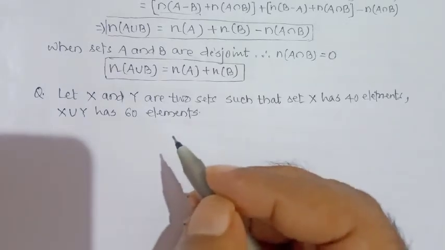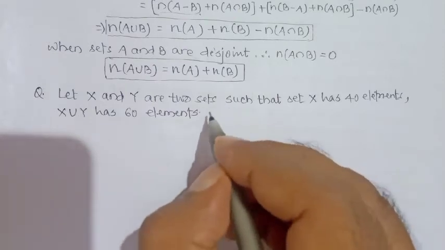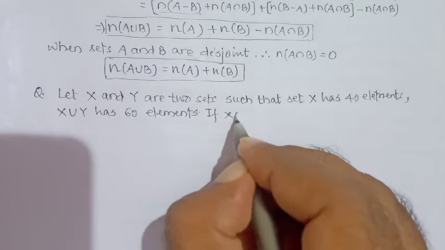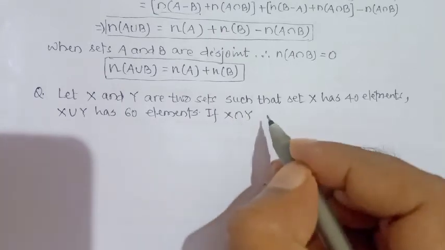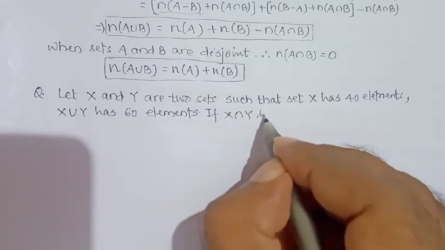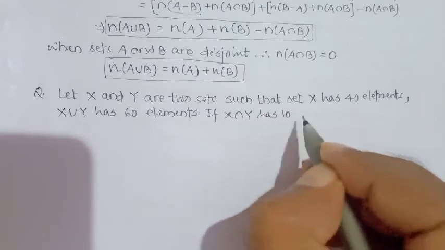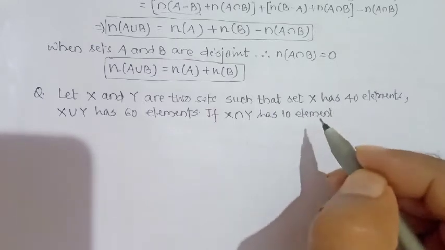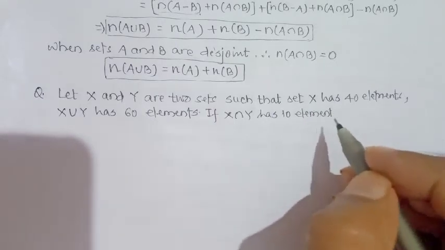If X intersection Y has 10 elements, then find the number of elements of Y.